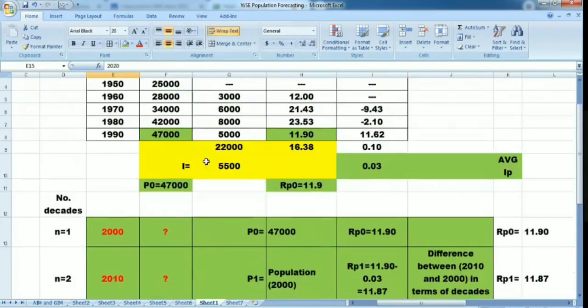For that, we considered 1990 as the base period, and the population corresponding to 1990 was P naught. Then the percentage increase corresponding to this particular row, we considered as RP naught. Then the IP value we considered as 0.03, that we calculated.